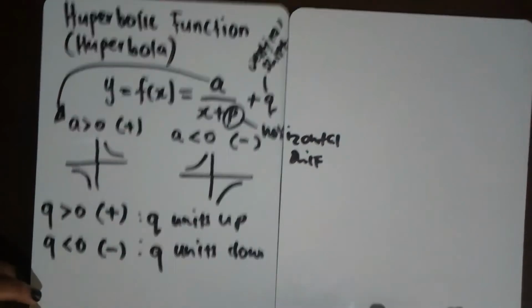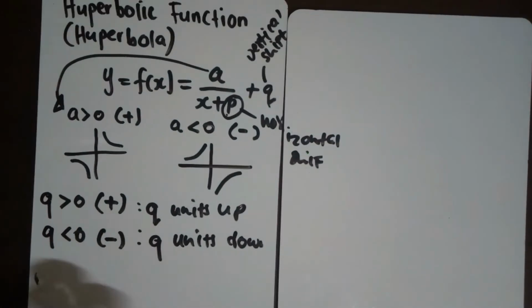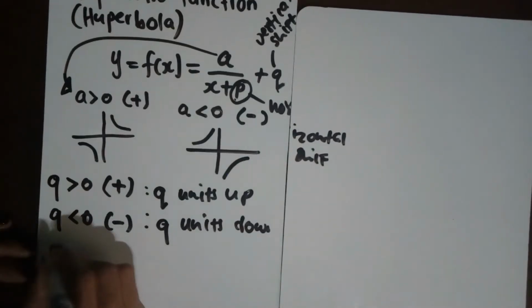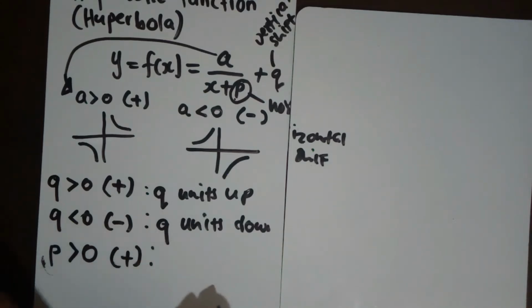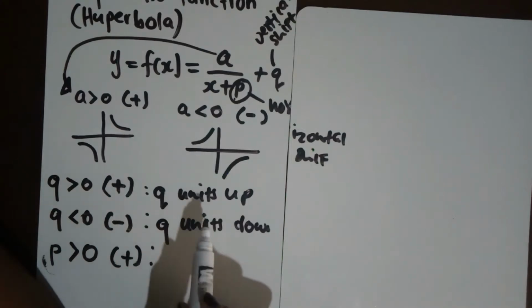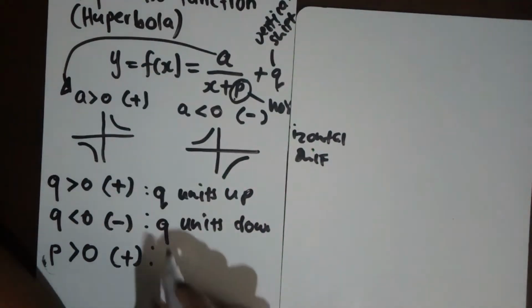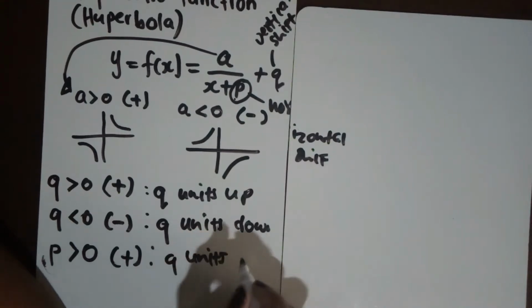Cool. So the same thing, if p, I'm lying, it's not q. If p here is positive, or greater than 0, it means that our hyperbolic function would have shifted p units to the left.